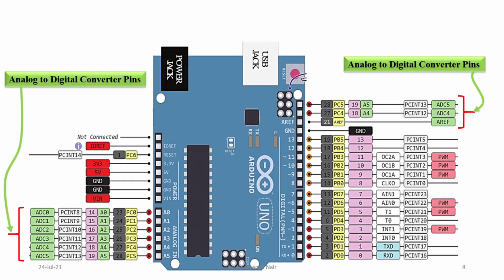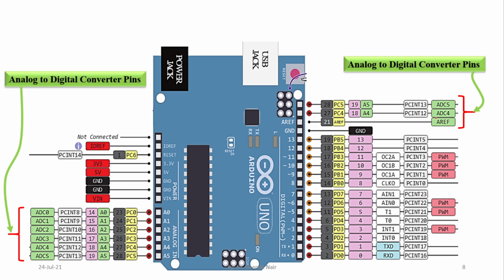Now, after that, like I said, there are 6 analog to digital converter pins which are available to us, which are ADC0 to ADC5. But when we are using Arduino IDE, we will be calling them A0 to A5. At the same time, we have the same ADC4 and 5 on the right topmost also.